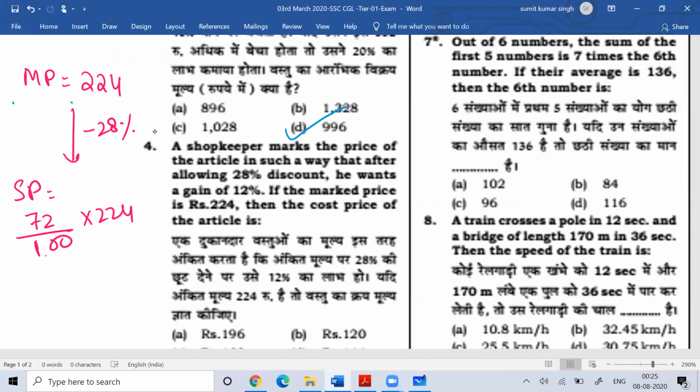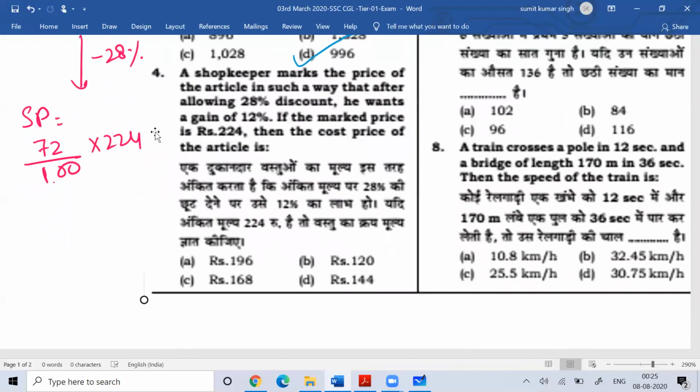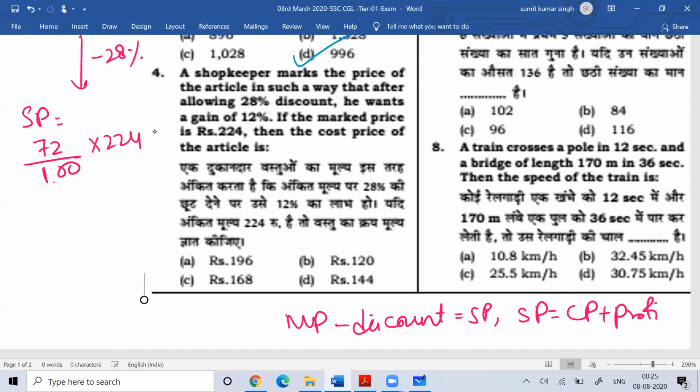So the selling price will be 1.12A if A is the cost price. I believe everyone knows the formula that mark price minus discount is selling price, and similarly selling price is cost price plus profit.